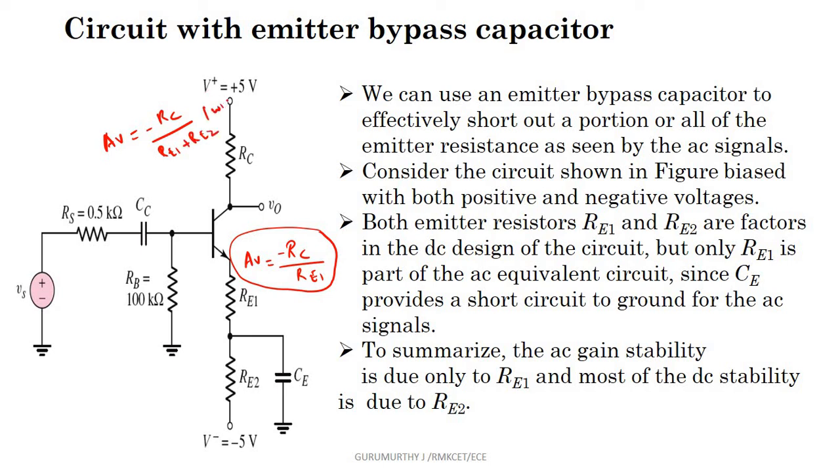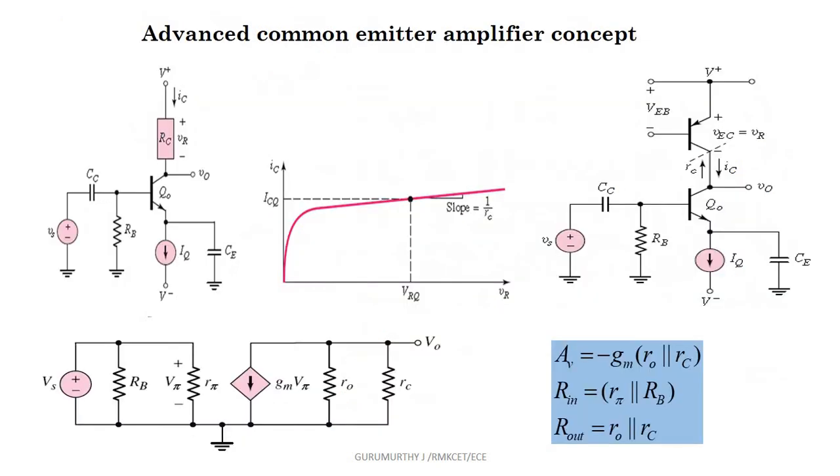So without bypass cap C, versus with C, the gain has been improved because RE2 doesn't appear in the gain equation. So this is the importance of putting a bypass capacitor.